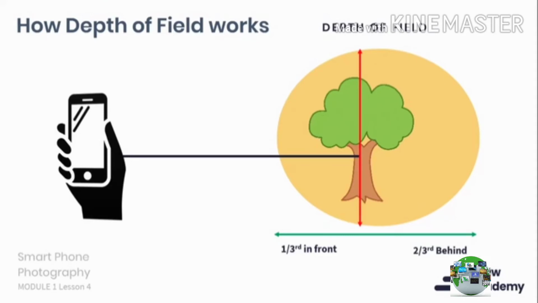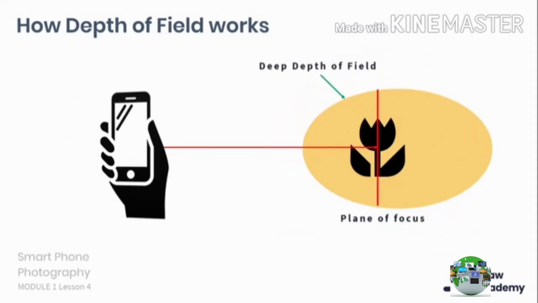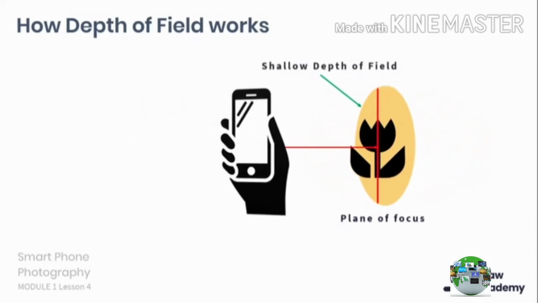Let's have a look at another example. Say we're photographing flowers, trying to do something more along the lines of a macro shot. We have quite a deep depth of field in this particular case. As we can see from our plane of focus, it's extending out from about 1/3 in front of the subject to about 2/3 behind it. Now, if I get closer to the subject, we get a shallow depth of field. The closer I get to my subject, the shallower the depth of field becomes.